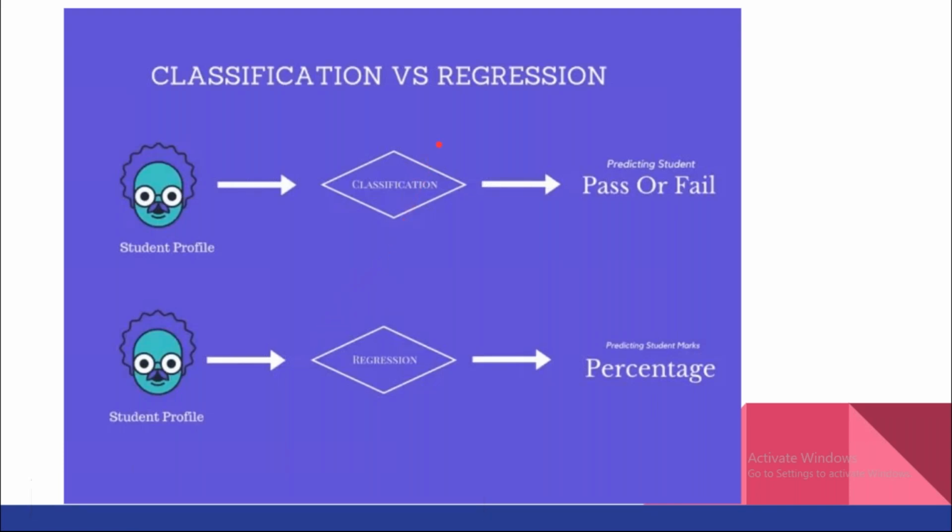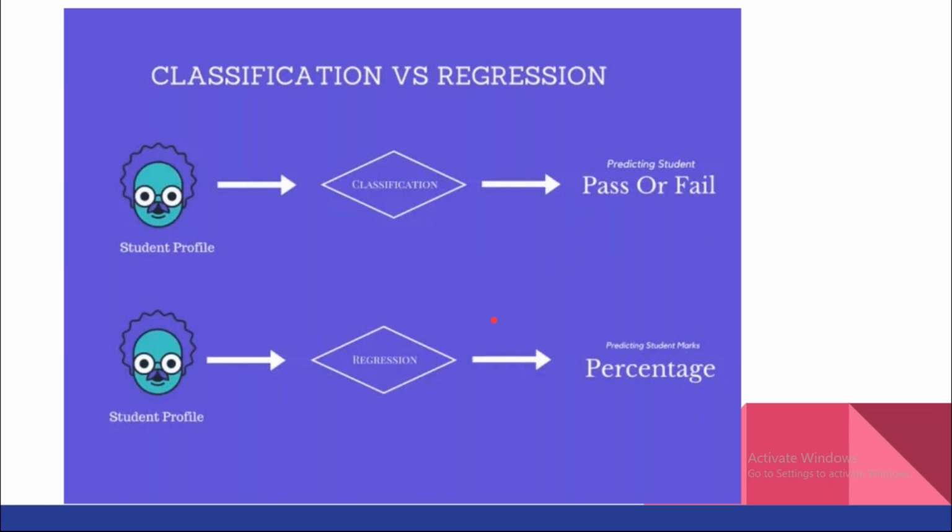So what is the basic difference between classification and regression? If I give a student profile, in a classification problem it will tell me whether the student is going to pass or fail the test, or maybe there is a test going on, and it will give me two categories: pass or fail.